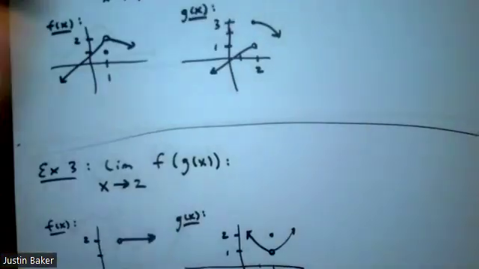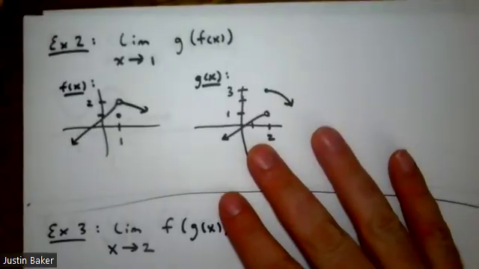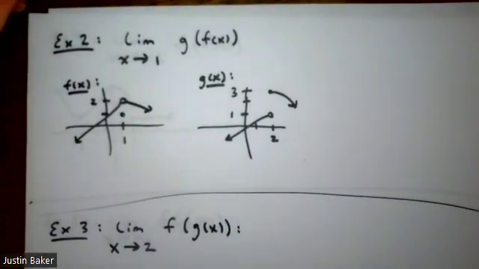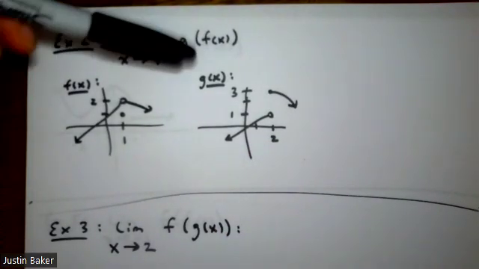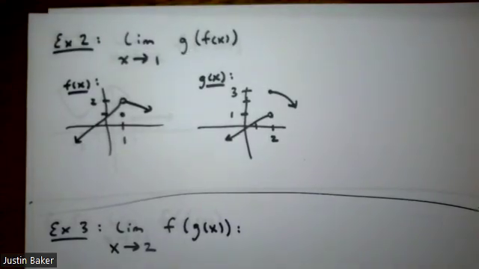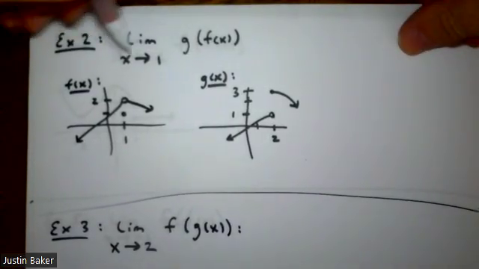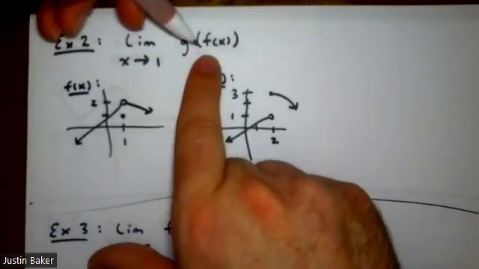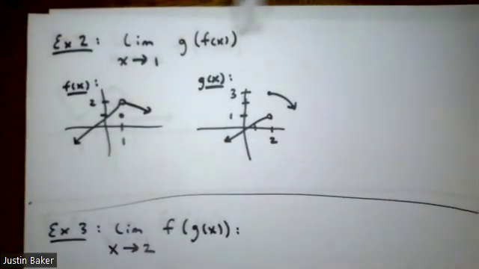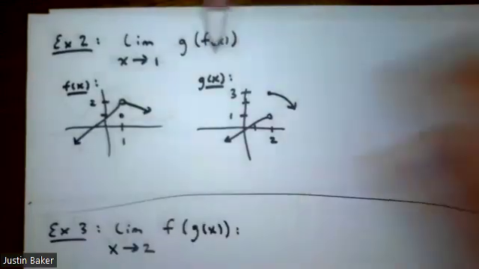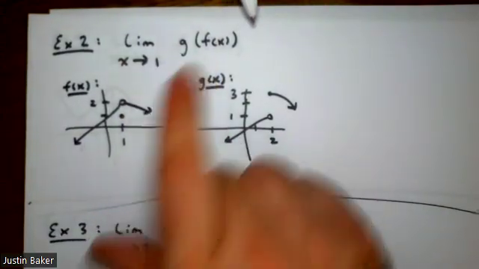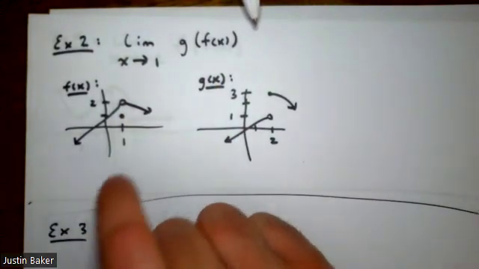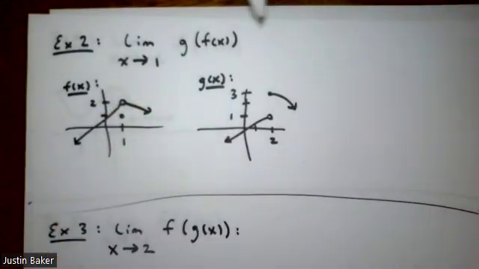Okay, next one says, sorry, let's get this in the frame. Limit as x approaches 1 for g of f of x. In this case, as we approach 1 on the inner function, you can rewrite all of these if you want, or if you're comfortable with it, that's fine. As we head to 1 on the inner function, that limit is 2.